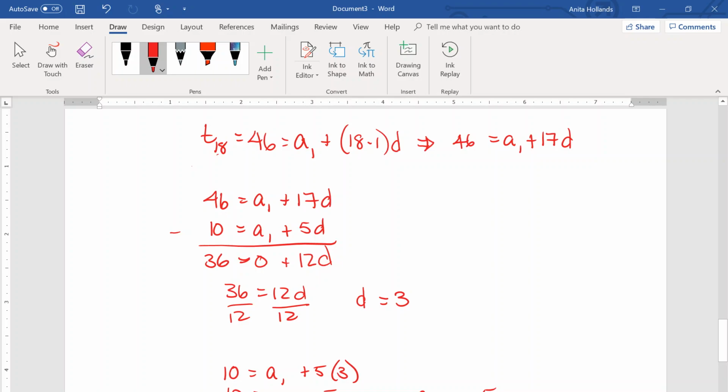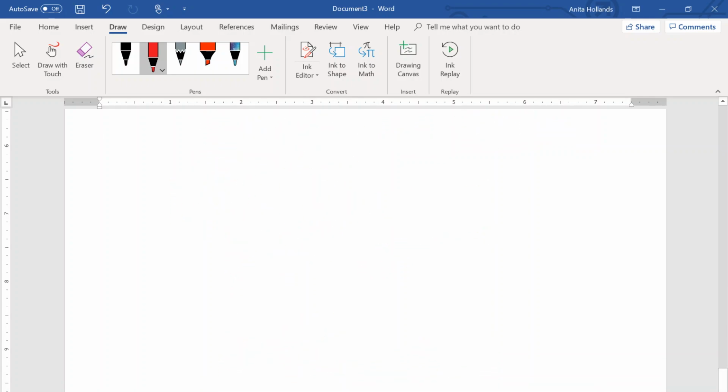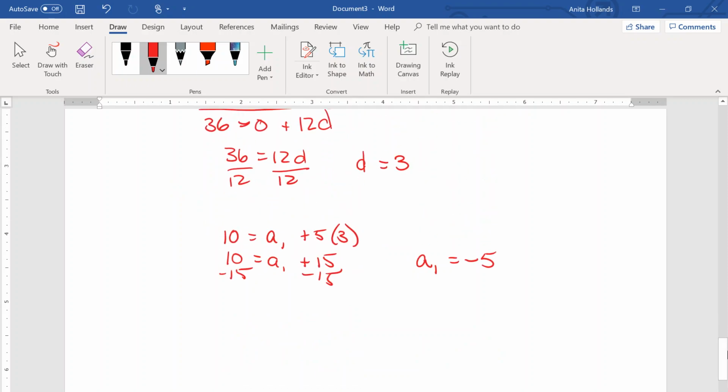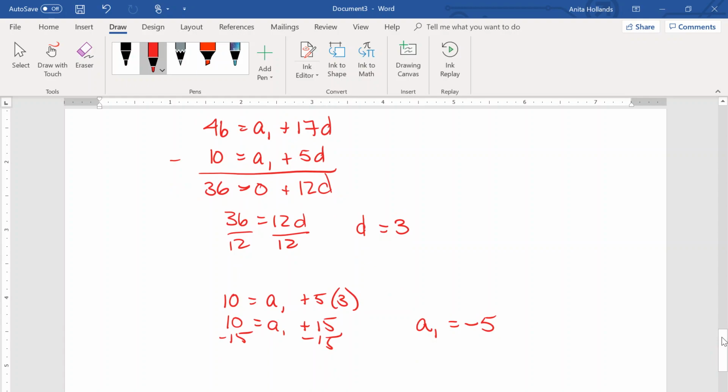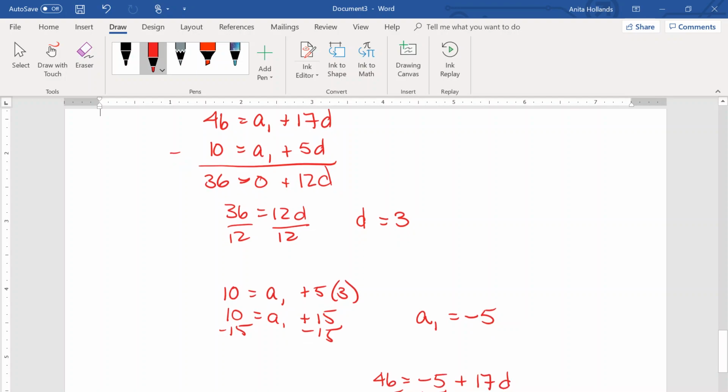And we can go ahead and double check that by putting that into this equation here to verify that d is 3. So if we did 46 is equal to negative 5 plus 17d, so add 5 to both sides.